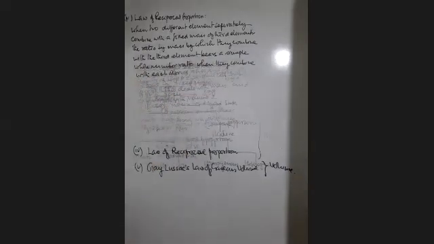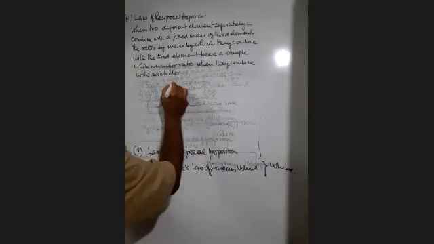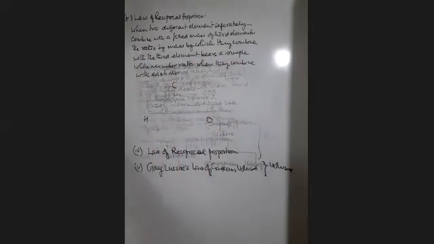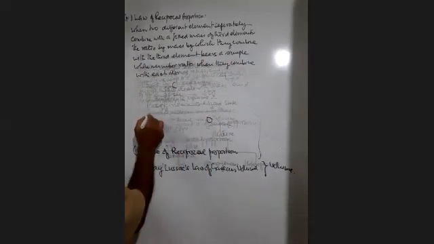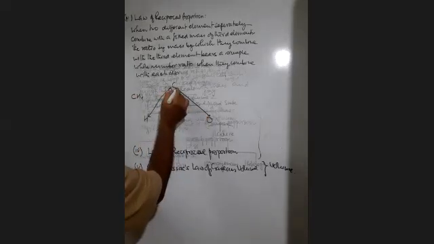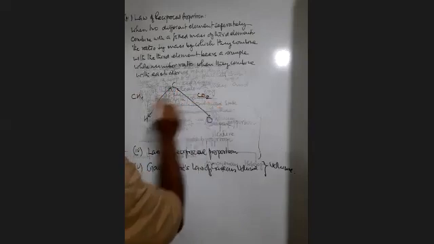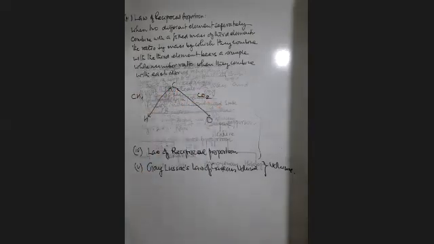When I explain it to you, you'll understand. See, let us take carbon, hydrogen, and oxygen. Hydrogen and carbon can combine to give you CH4. Carbon and oxygen can combine to give you carbon dioxide. So let us find out by mass.